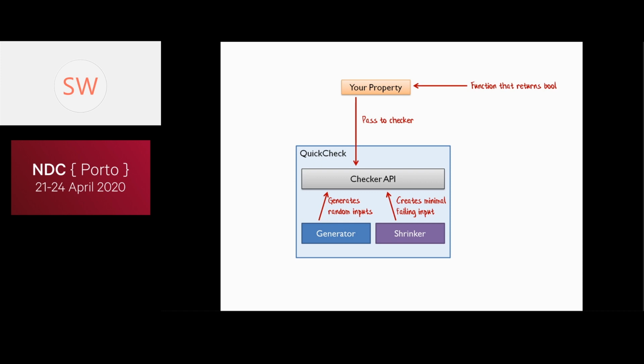But then the second part, the shrinker, creates minimal failing inputs. The problem with completely random inputs is they might be some incredibly large number, and it doesn't really tell you what's gone wrong. It says this thing failed if you pass in 475 billion or something, but that's not very helpful in understanding what's going on. So having a minimal failing input is really, really useful.